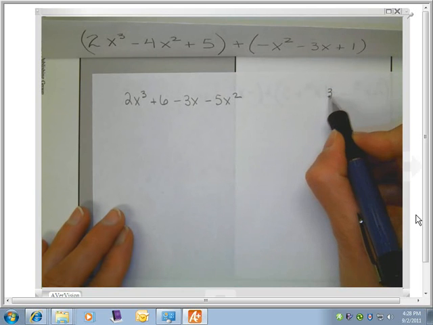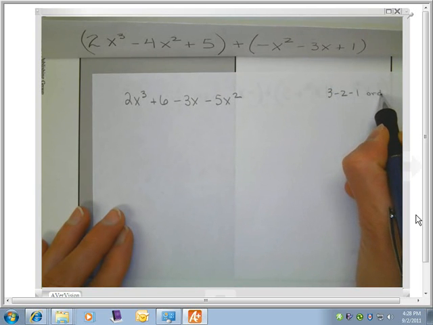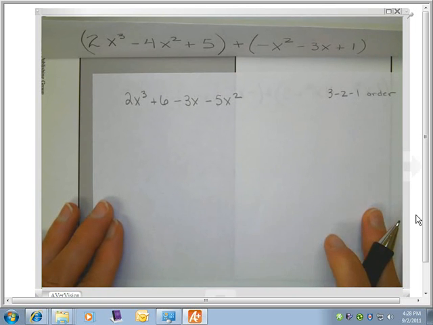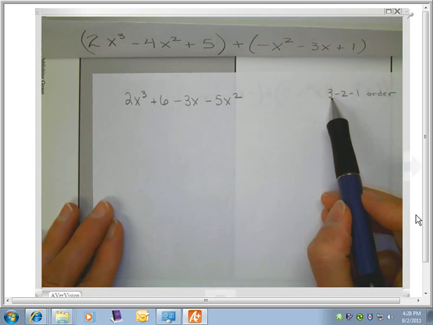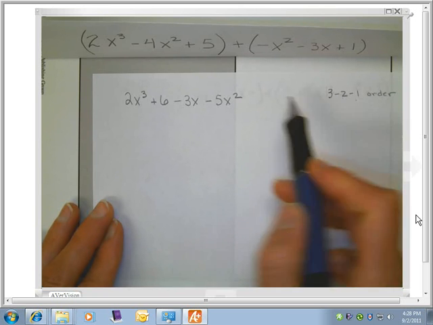So I commonly refer to this as 3, 2, 1 order. That doesn't necessarily mean I could have an exponent of 4, that's my highest degree, or an exponent of 6. This is just my way of thinking that they count down.